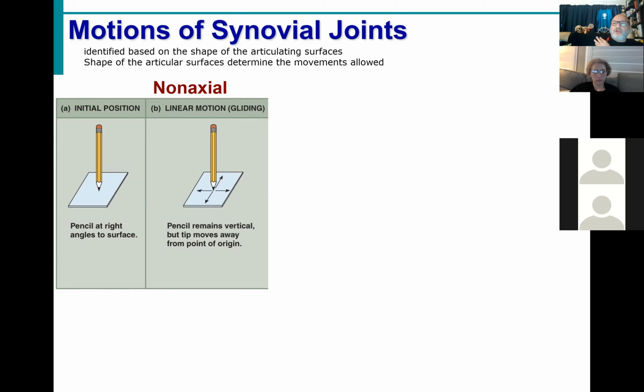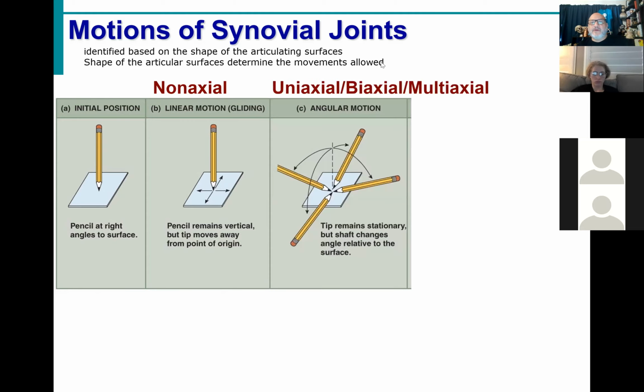And then my shoulder can go forward and back, can go up and down, and can go angles in between. So if you can go more than two axes of motion, there you go, Jackie, we call that multi-axial. So notice we have these different types of angular motions that can be either uniaxial, biaxial, or multi-axial.